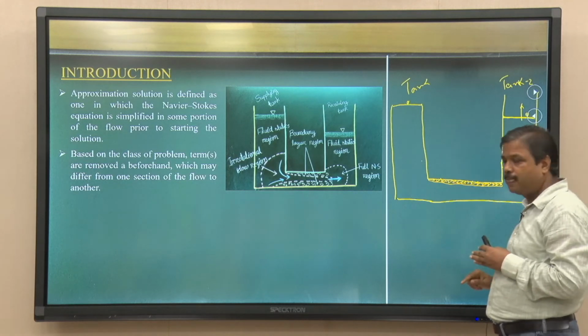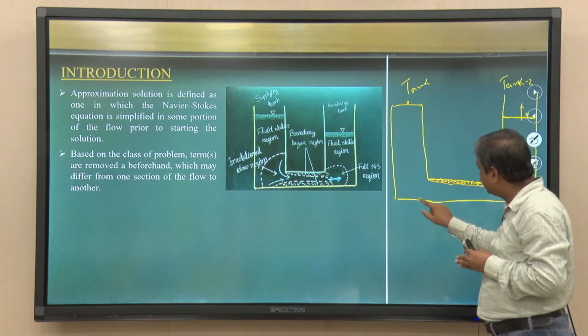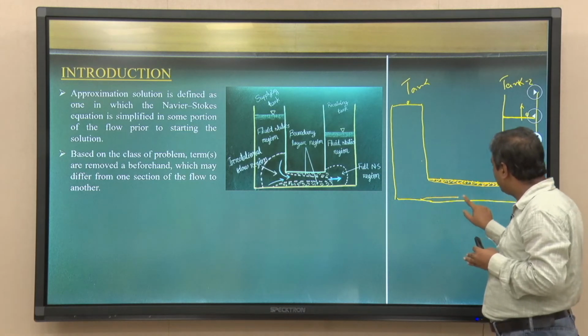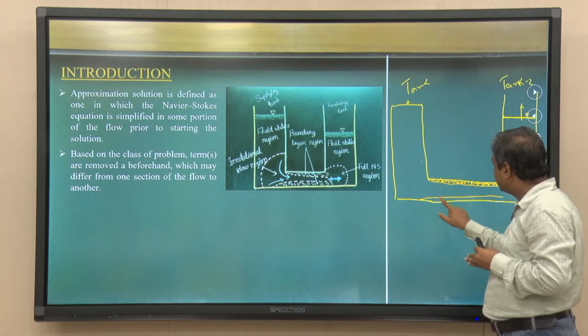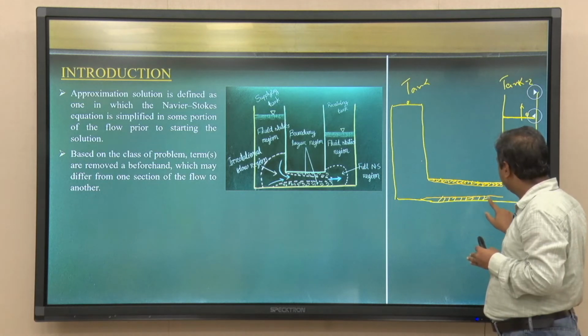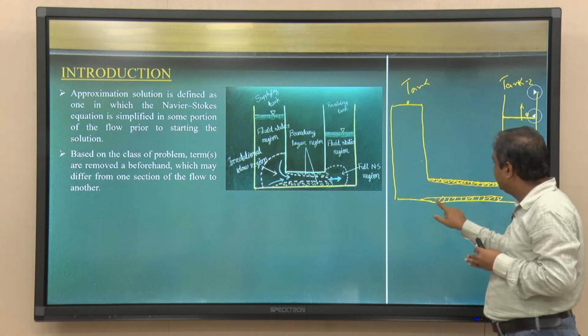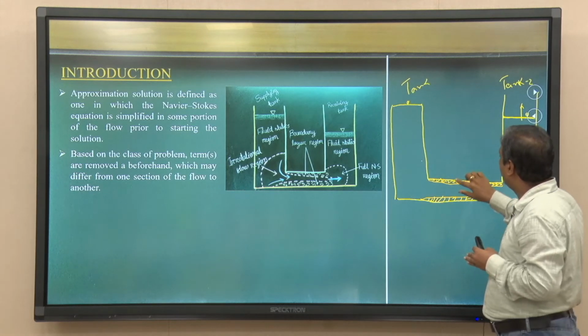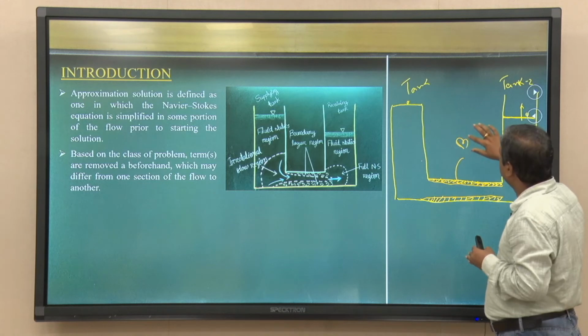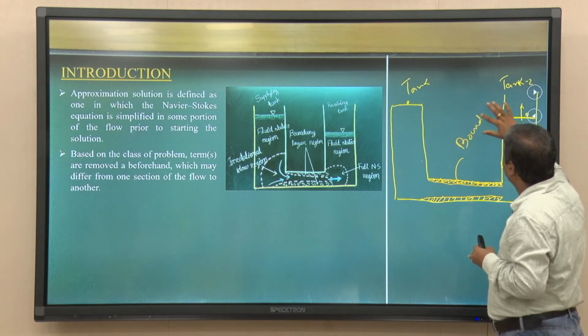In exactly the same way, as the flow is coming, there will be formations of regions where viscous dominance will be there and the vorticity will be there, and these regions we call boundary layers, close to the boundary.